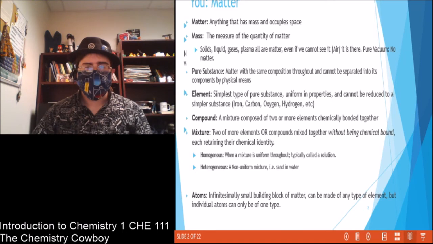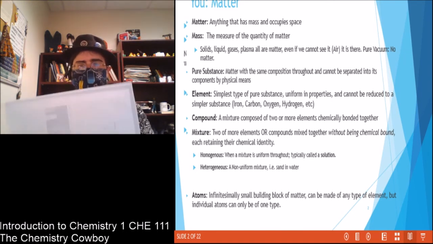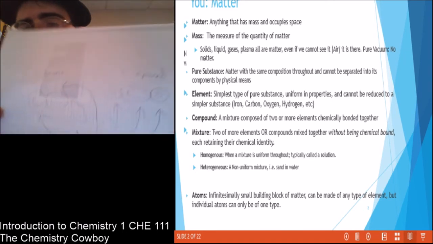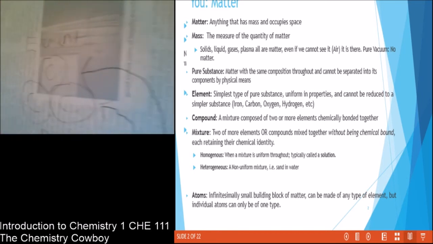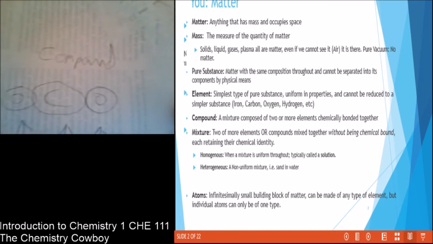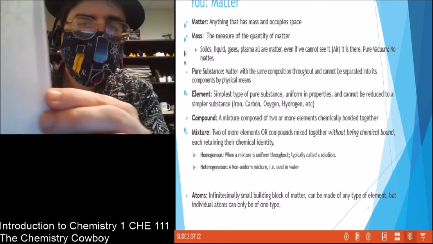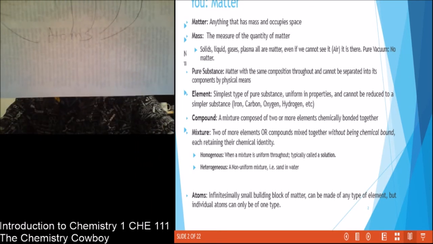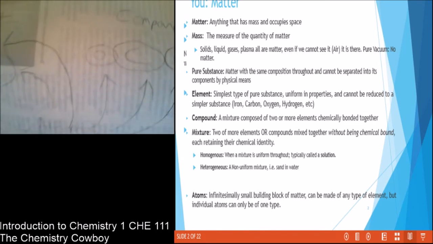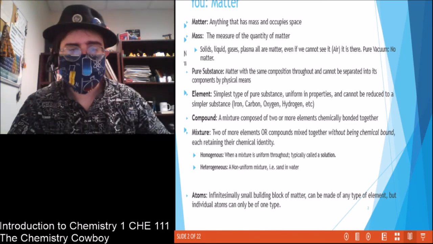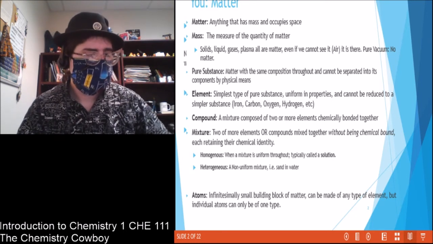Finally, one last quick definition before we move to the next slide is atoms. Atoms are the infinitesimally small building blocks of matter that can be made of any type of element, but individual atoms can only be one type. So an element is made up of atoms, but each atom could be a different element.